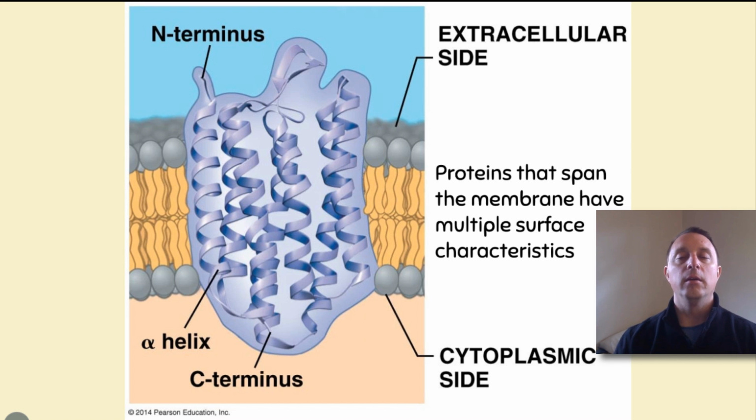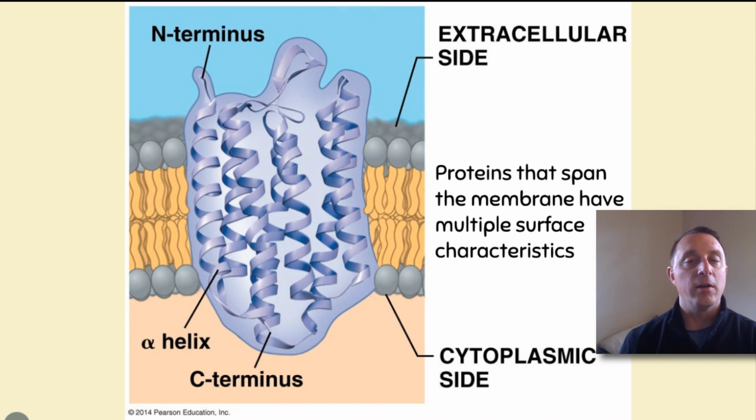So the surface characteristics of these proteins have to change based on where they are in the membrane. The protein surface that is exposed to the extracellular side and the cytoplasmic side, those amino acids would all be polar or hydrophilic because they are exposed to the aqueous solutions.